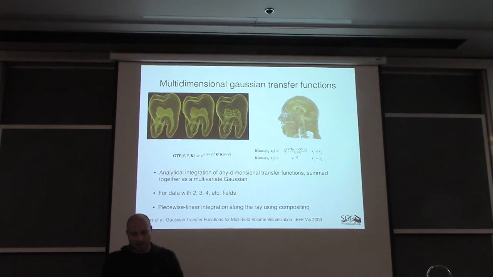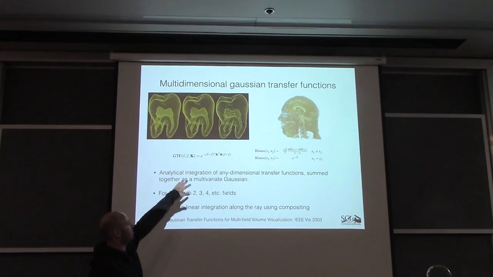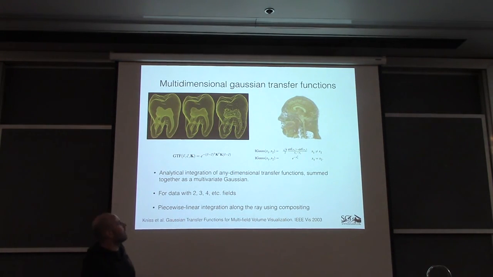So the best they could come up with back in 2003 was this sort of blobby multidimensional visualization where you manually placed Gaussian blobs in higher dimensional space, moved them around, and tried to get interesting combinations. But in short, we can render it, and we can render it accurately also, using a clever integration scheme using these error functions, but it's very hard to design good transfer functions for that.